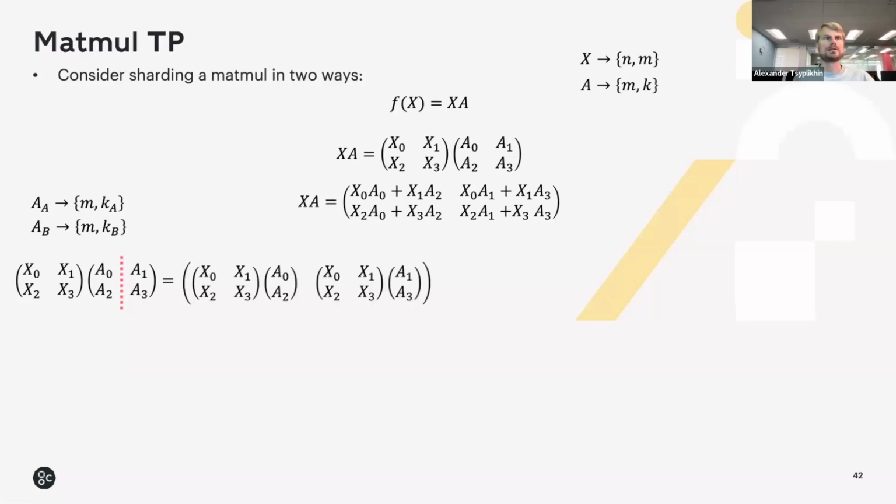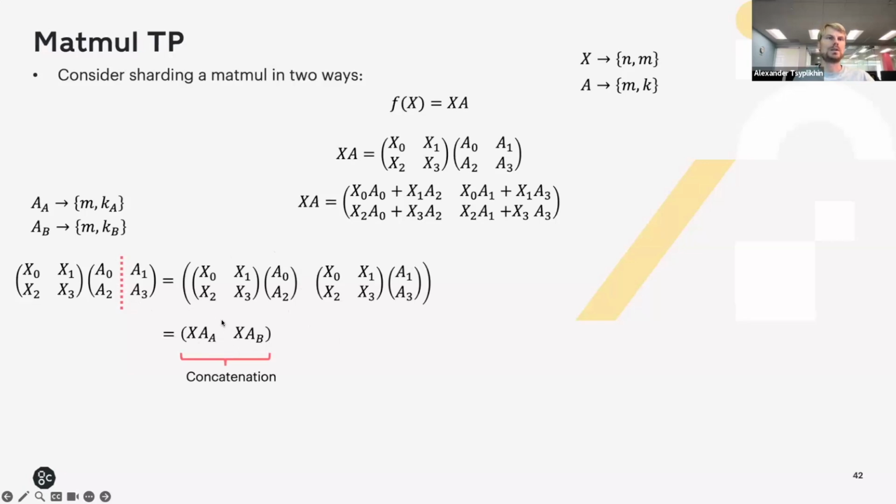Then we can compute portions of the resulting matrix as shown here. So it will be an independent computation for the left part and for the right part, that afterwards will need to be concatenated with each other.